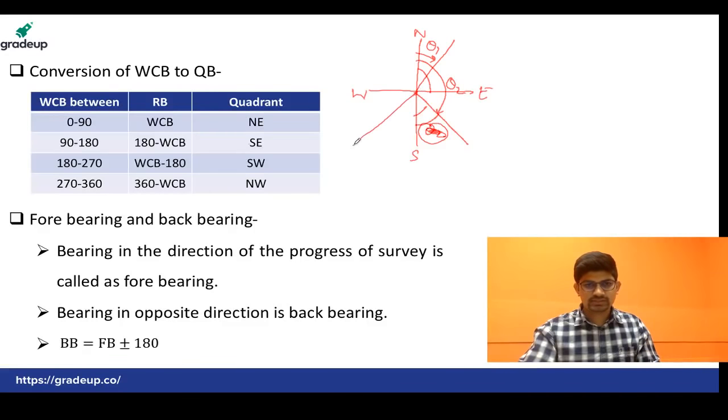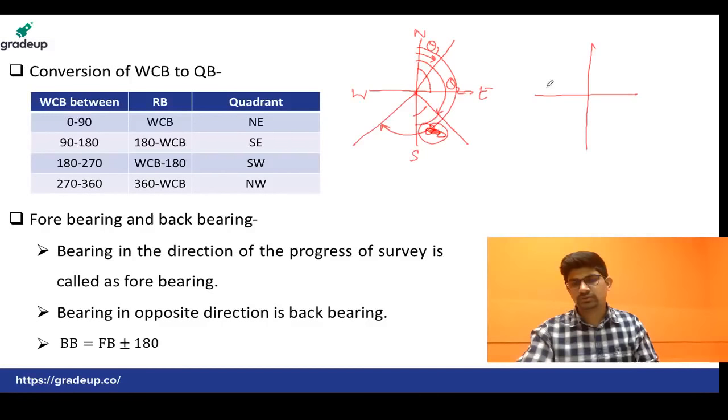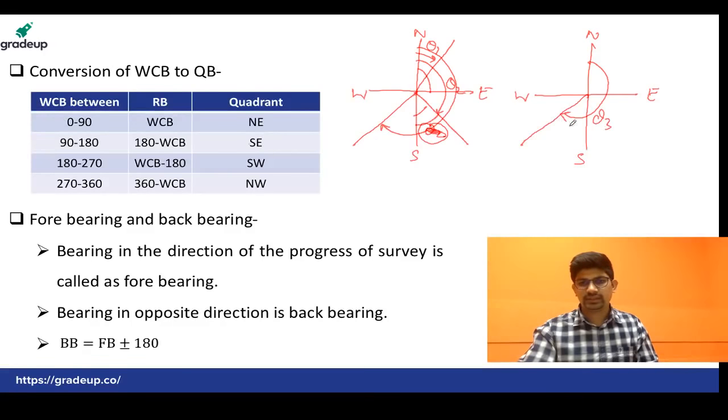This is getting messy, so I'll draw a new one with east and west. For 180 to 270, that is the southwest quadrant. If this is theta 3, your WCB, the reduced bearing will be theta 3 minus 180, that is WCB minus 180.